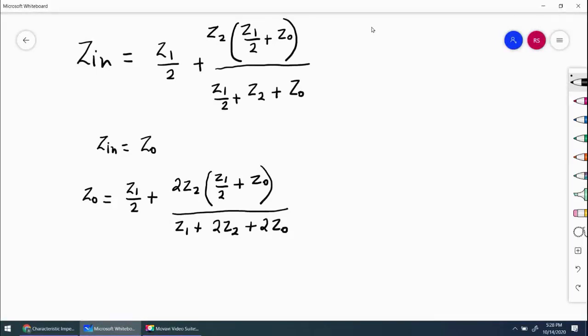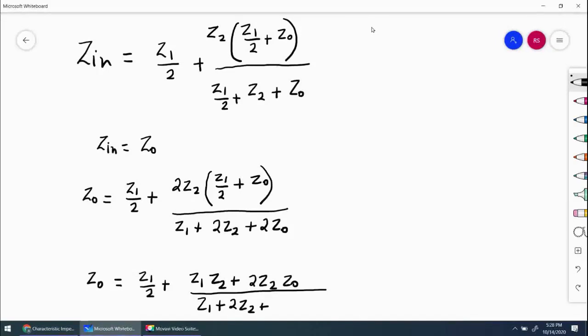I can write Z0 is equal to Z1 by 2 plus Z1Z2 plus 2Z2Z0, whole divided by Z1 plus 2Z2 plus 2Z0.